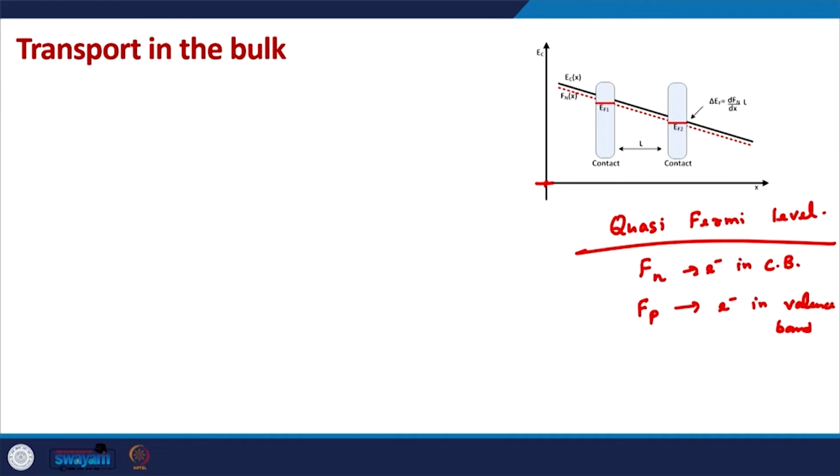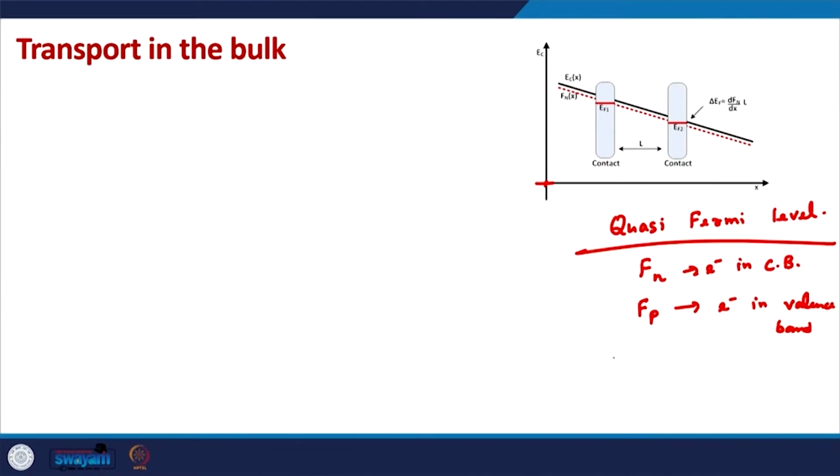And in steady state, there is a gradient in these quasi Fermi levels. These are not actual Fermi levels. This is not an equilibrium concept, because as we discussed in the beginning, the Fermi level is an equilibrium idea, but on similar lines these quasi Fermi levels are defined when the system is not in equilibrium, when the system is displaced from equilibrium, and that is why we need to define two Fermi levels.